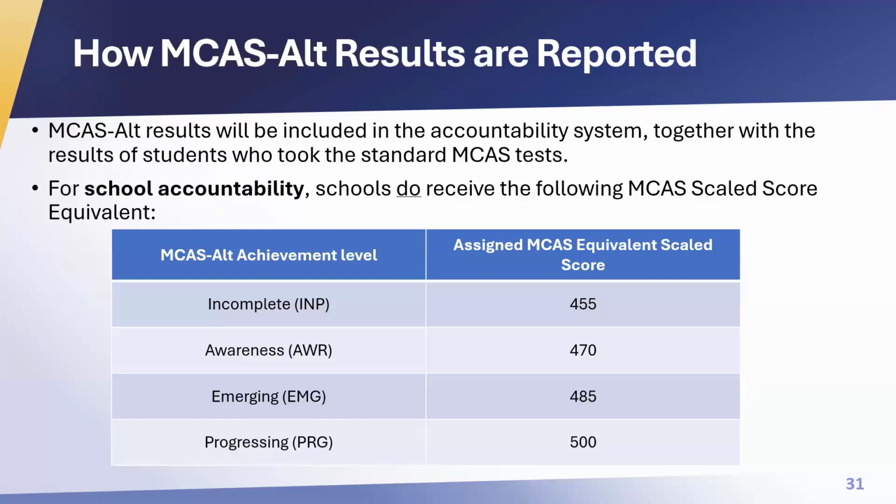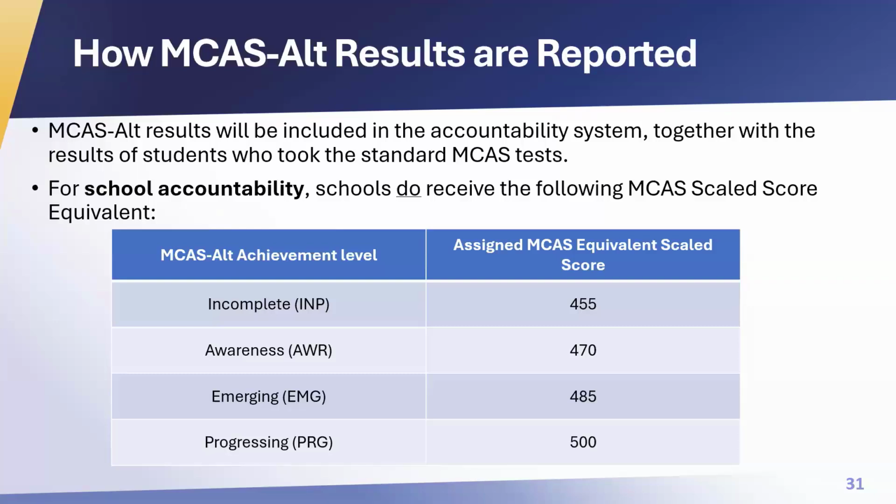So for each student taking an MCAS alternate assessment, they receive an assigned MCAS equivalent scale score. If you look at this particular table below, you will see the MCAS-Alt achievement level and the assigned MCAS equivalent scale score level.